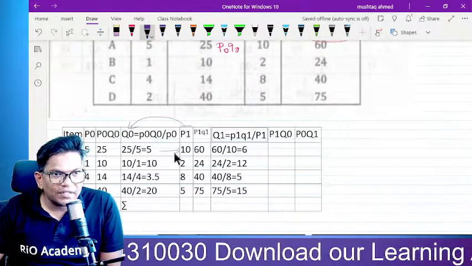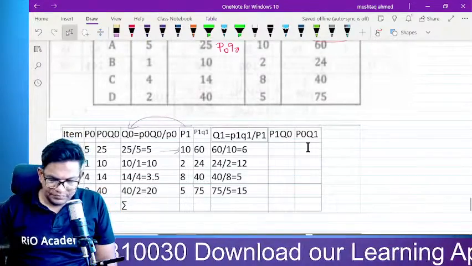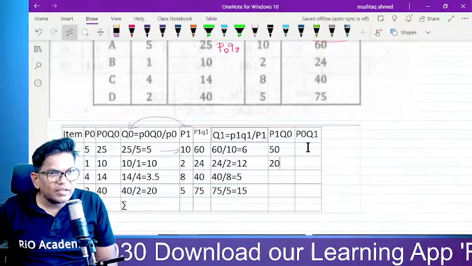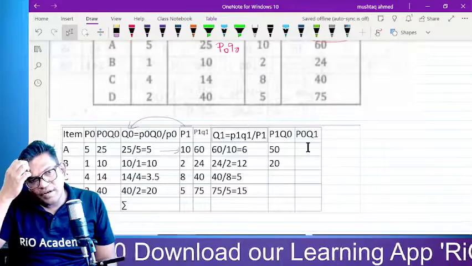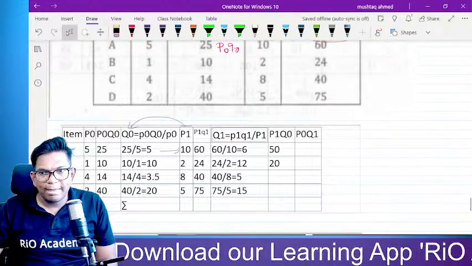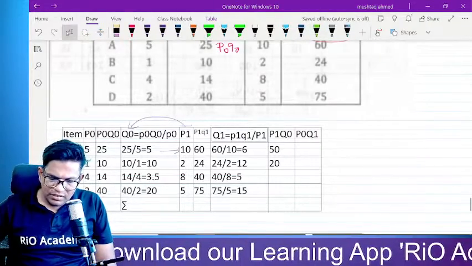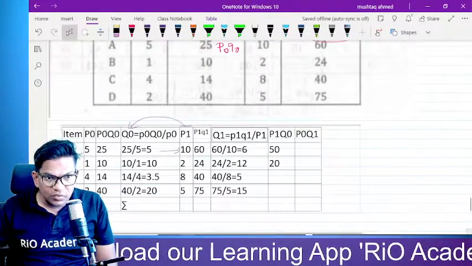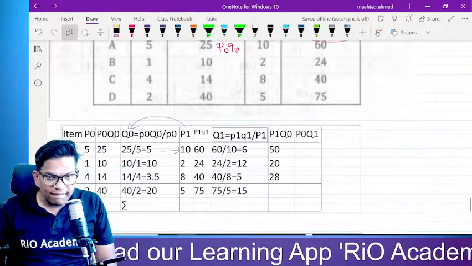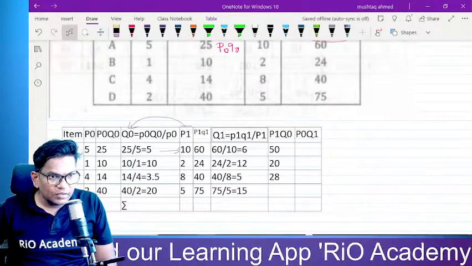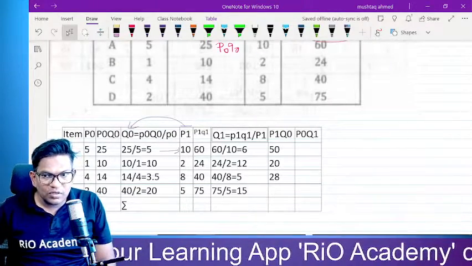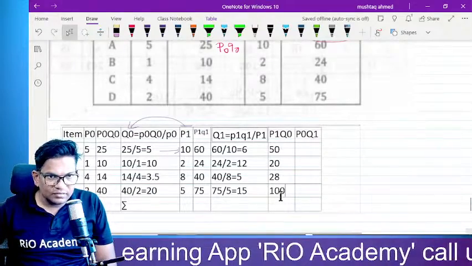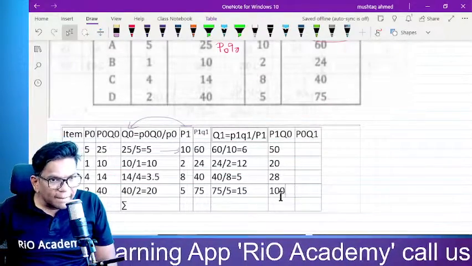So we have to multiply this, right? 50, and next is 20, and next is 3.5 into 8, how much will it come? 3.5 into 8 is 28. 20 into 5 is 100, correct.